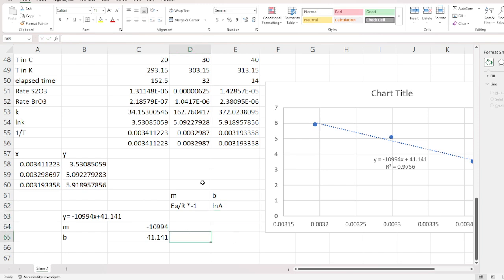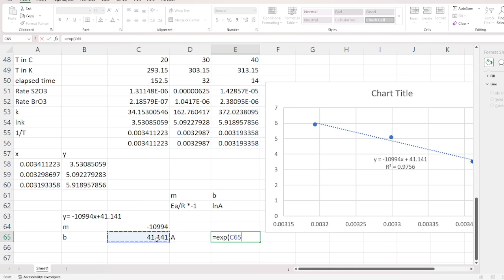So if I wanted to figure out my A constant, it is going to be equals the EXP, and I'm going to highlight this number. That can give me my A constant. My activation energy is going to be equal to this number times negative 8.314 divided by 1,000 to get this into kilojoules.